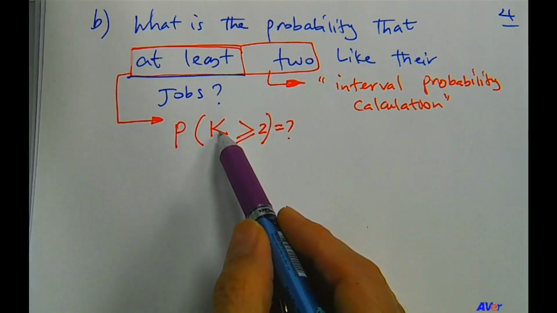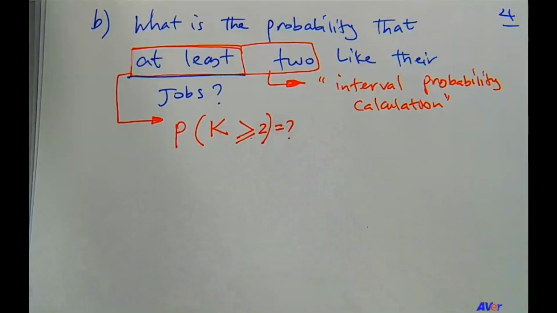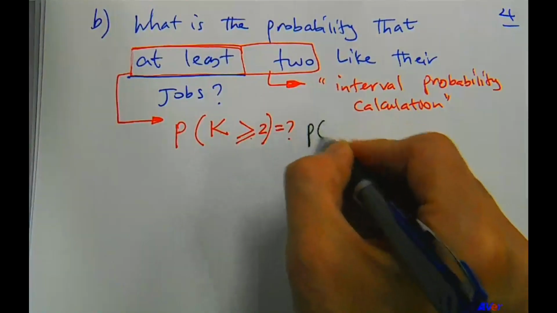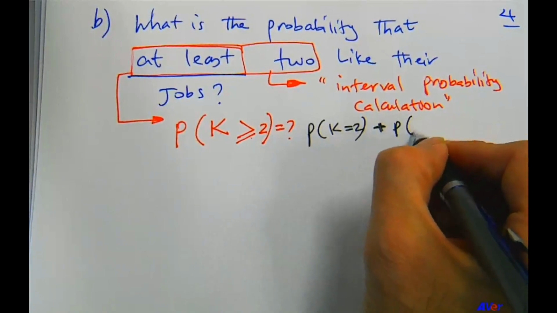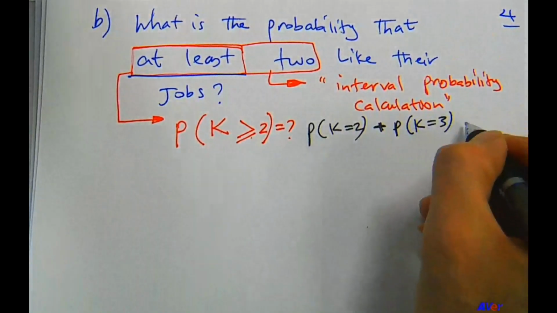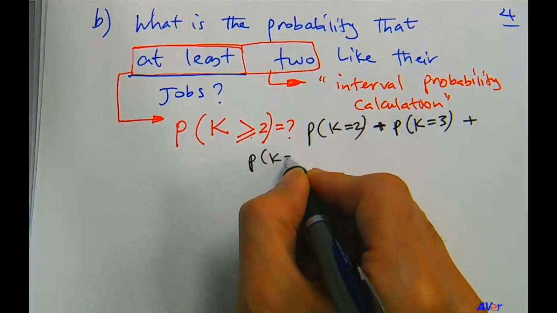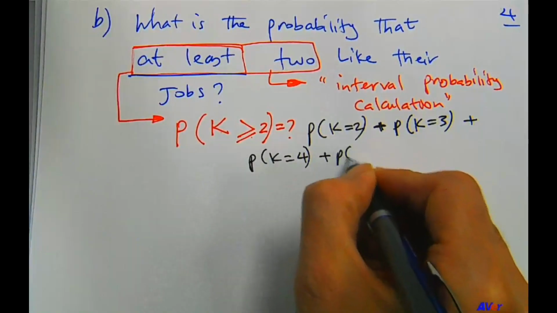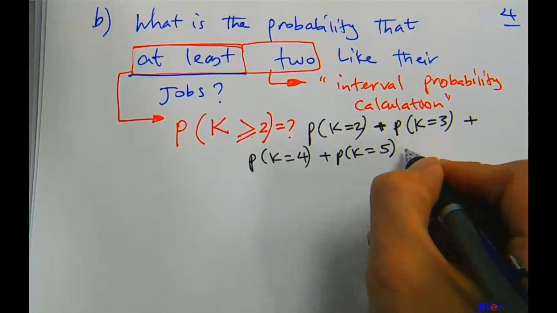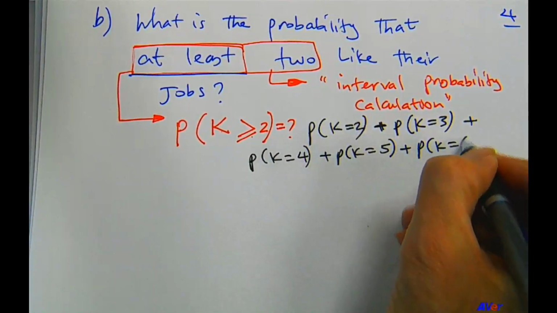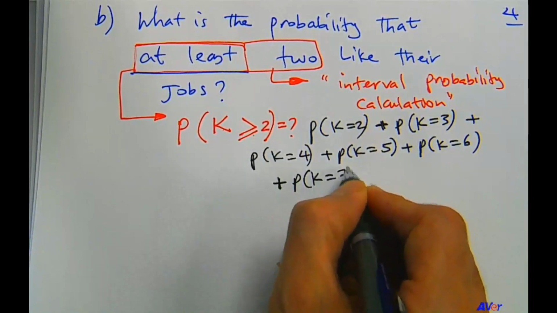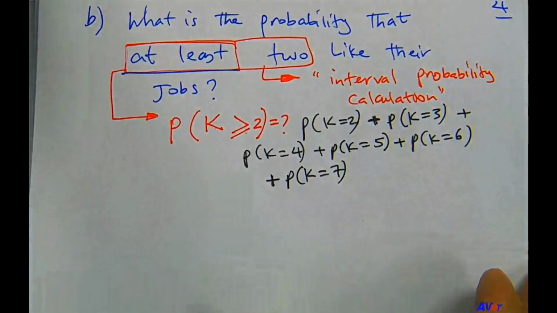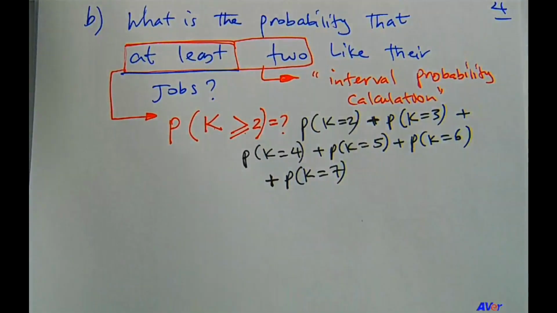So the probability that k is greater than or equal to 2 means the probability that k equals 2, plus the probability that k equals 3, plus k equals 4, plus k equals 5, plus k equals 6, plus k equals 7.